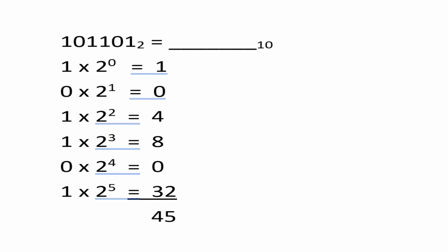Next, 1 times 2 raised to the power of 2. 2 raised to 2 is equal to 2 times 2. You multiply 2 by 2 because it is raised to the power of 2. So that is 4 times 1 is 4.